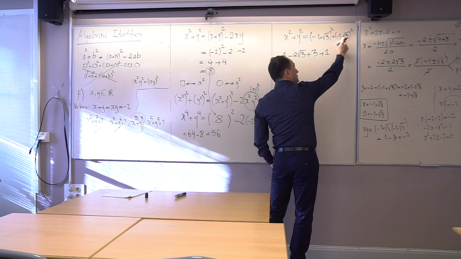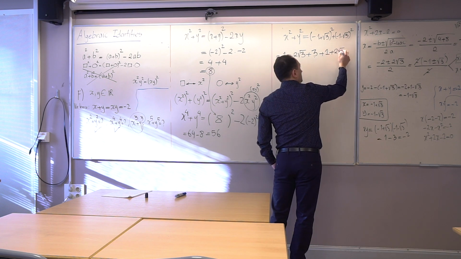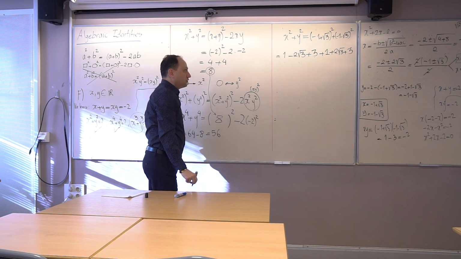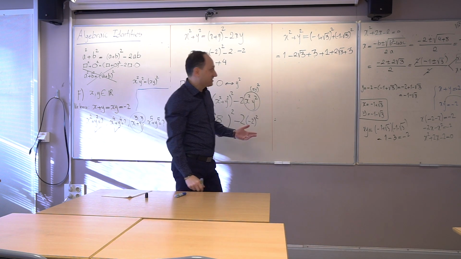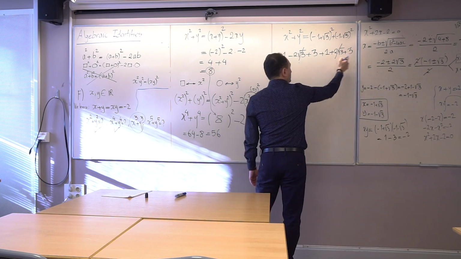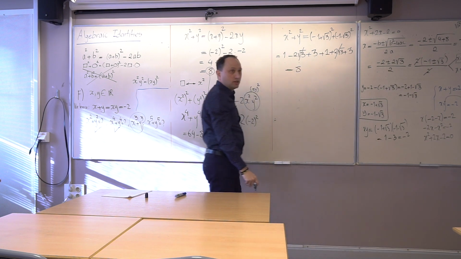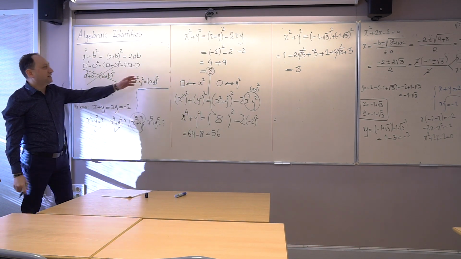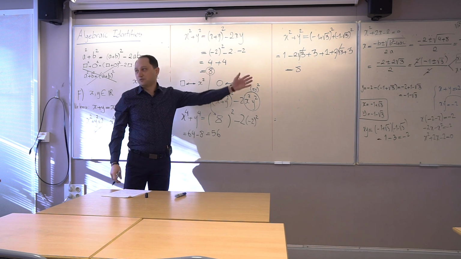Positive, because both of them are negative. The second one to the power of 2 is 3. Do you see 8? Yes, good. This is gone. 1 plus 3 plus 1 plus 3 is 8. Which one do you prefer now? This innocent way or that way?